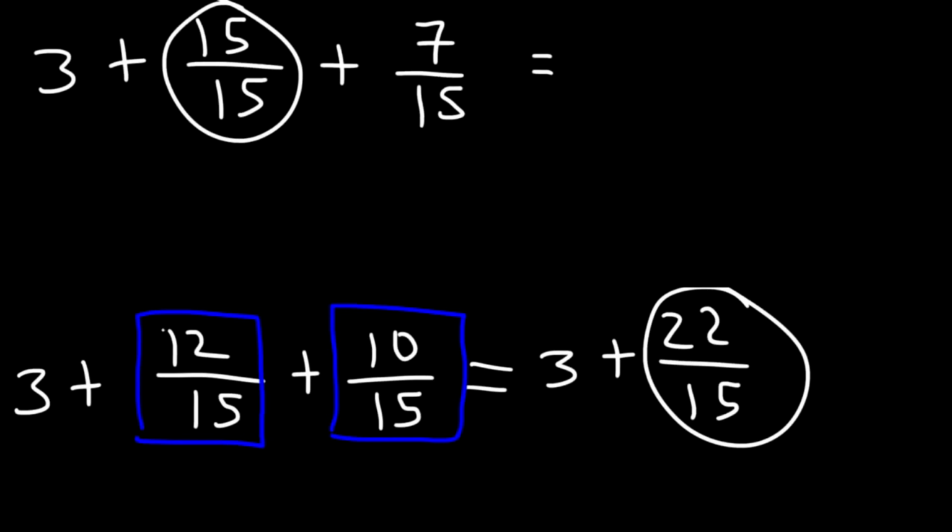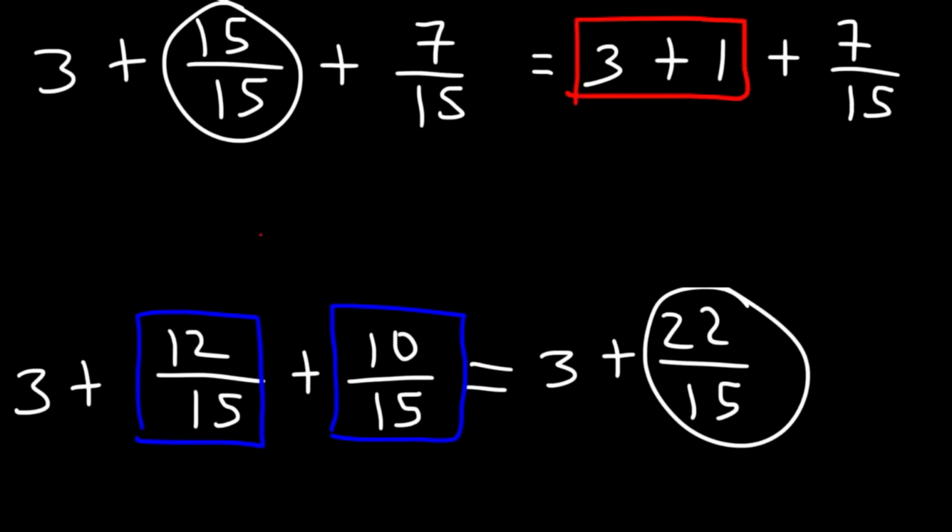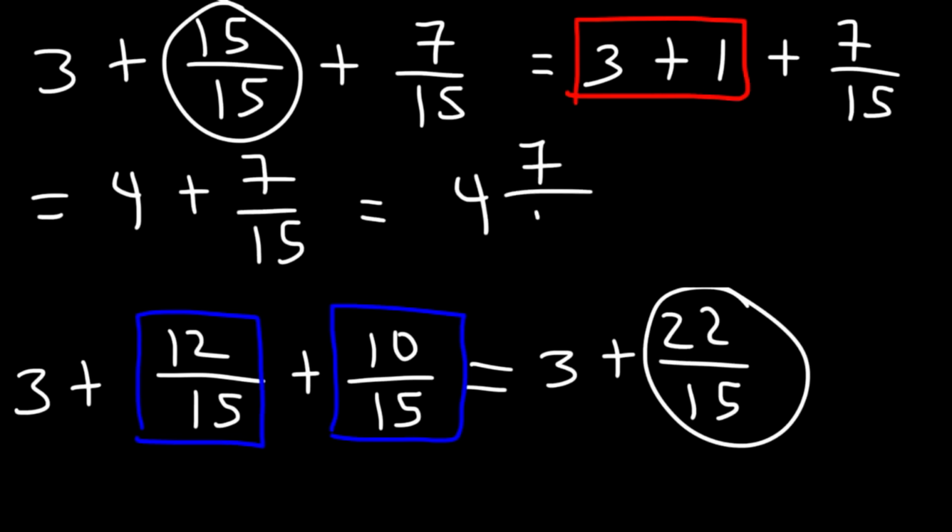Now 15 divided by 15 is 1. And 3 plus 1 is 4. So this is going to be 4 plus 7 over 15, which will give me the final answer of 4 and 7/15. And that's it.